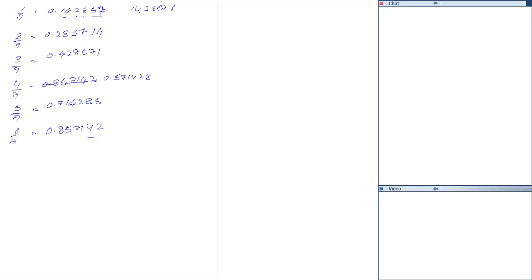For 4 by 7 you multiply the first two digits, 14 by 4, and the remaining digits are just repeating. 7 by 7 is 1.